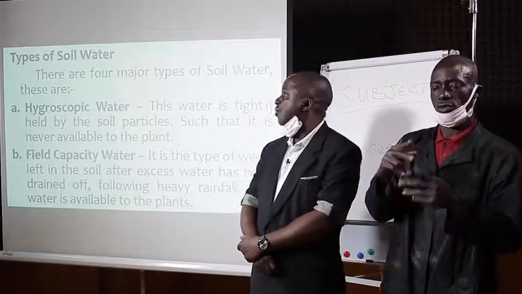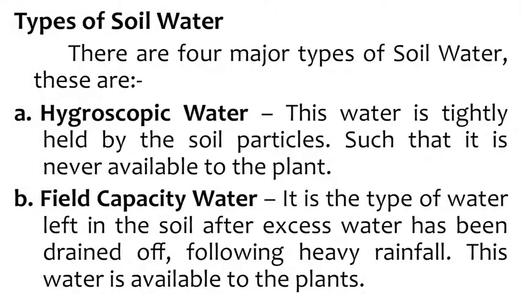Types of soil water. There are 4 major types of soil water. 1, we call hygroscopic water. This water is tightly held by the soil particles such that it is never available to the plant.